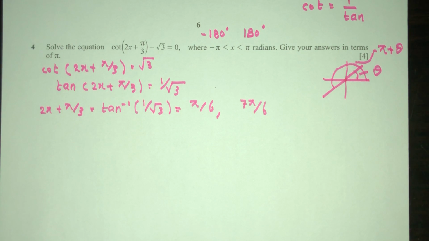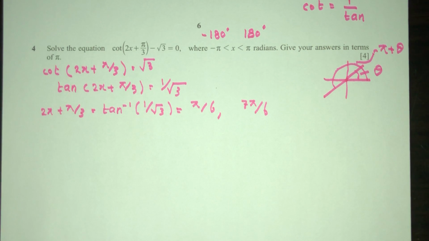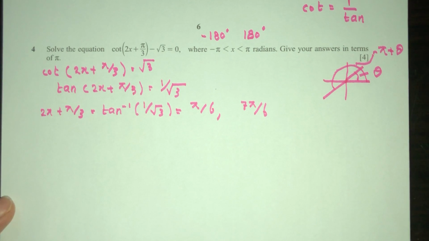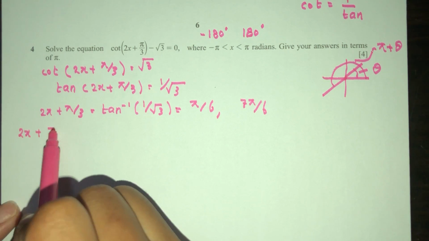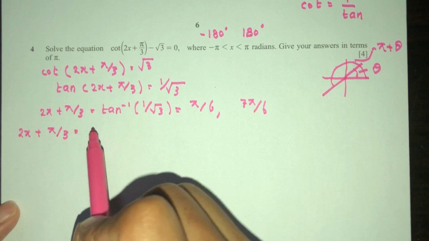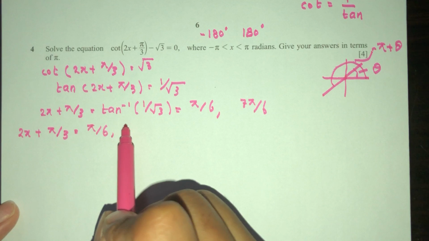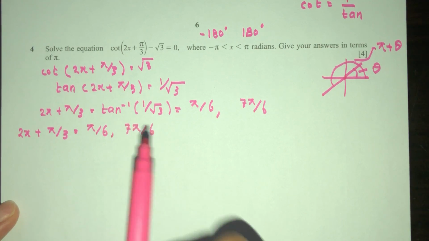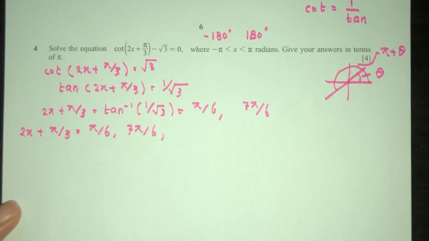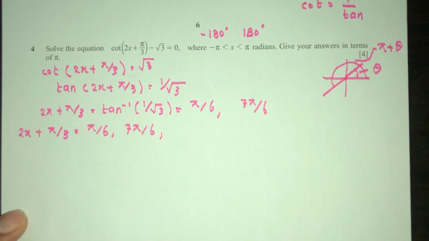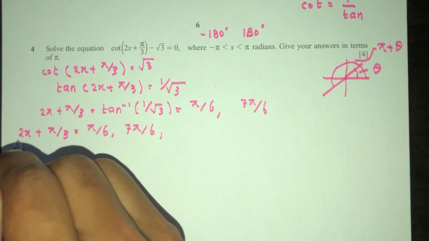Here in this example it is 1 over root 3. So we'll have these as the two values that we need initially. Now let me write them down again. So right now we have 2x plus pi over 3 is equal to pi over 6 and 7 pi over 6. Now because, as we have seen in previous questions, we have a 2 here before the x.